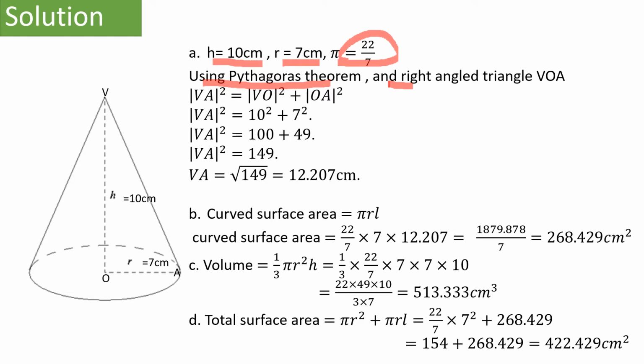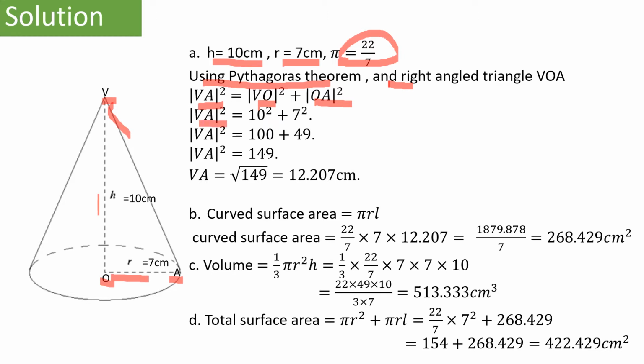So if you look at this diagram, triangle VOA, VA is the hypotenuse. So therefore VA square is equal to VO square plus OA square, OA which is the radius. So we set in the figures.